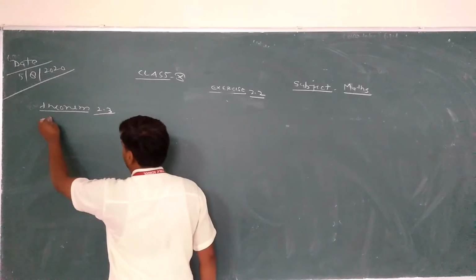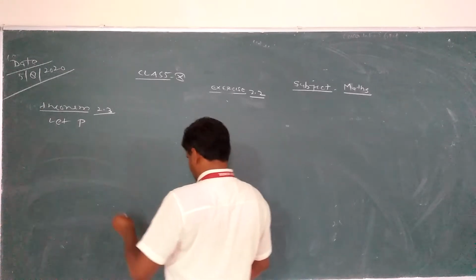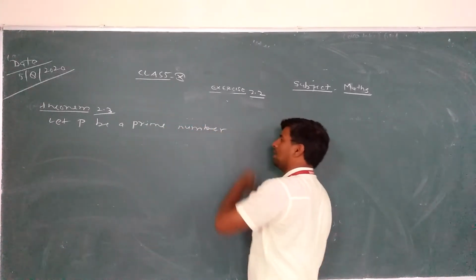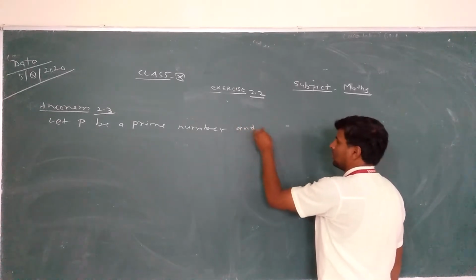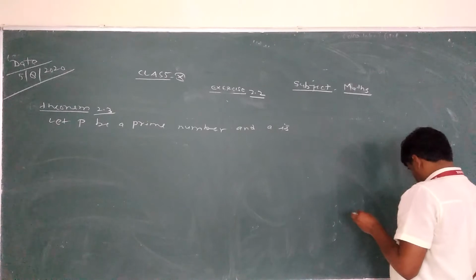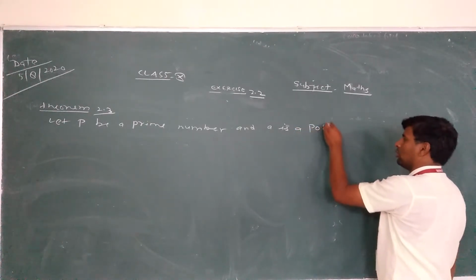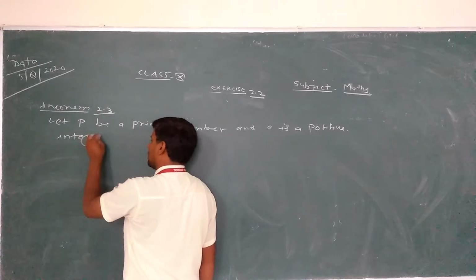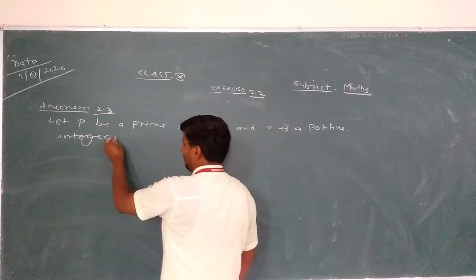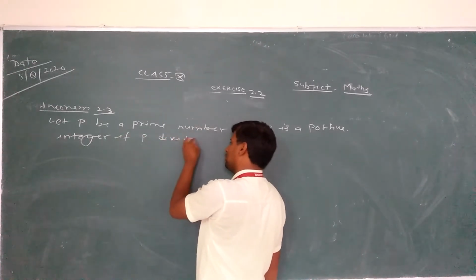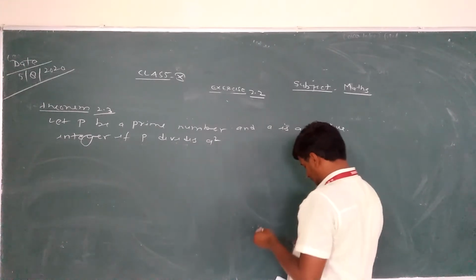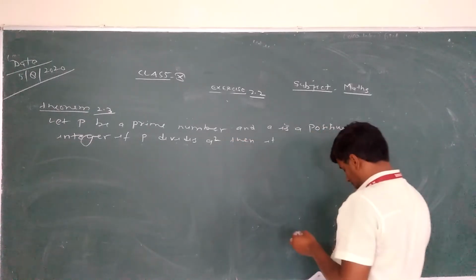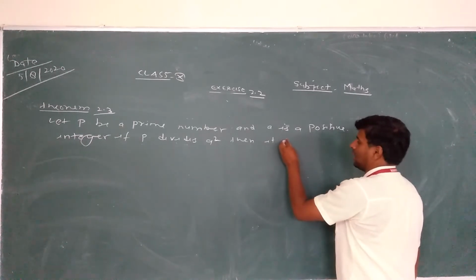If let P be a prime number, and A is a positive integer, if P divides A square, then it divides A also.